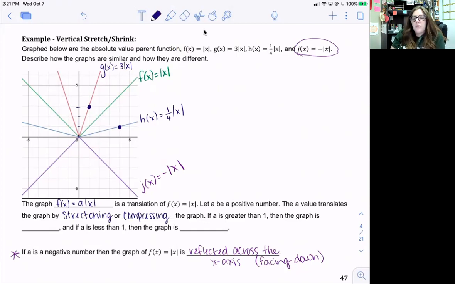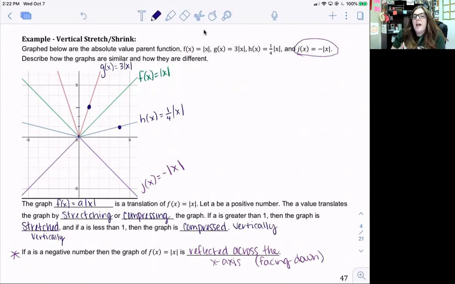If a is greater than 1, then the graph is stretched vertically. And if a is less than 1, the graph is compressed vertically.